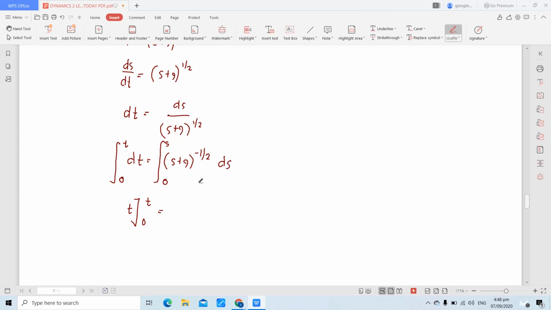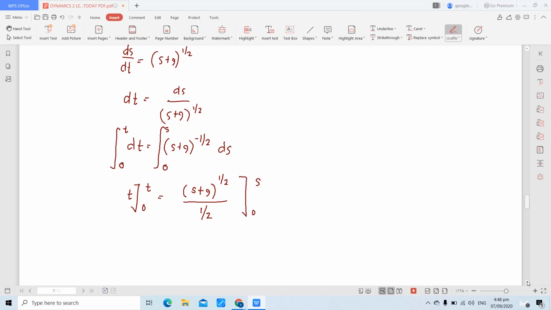And that is by power formula, n plus 1 over n plus 1. So this will become quantity s plus 9, negative 1/2 plus 1, that is 1/2, and this is also over 1/2, from 0 to s.